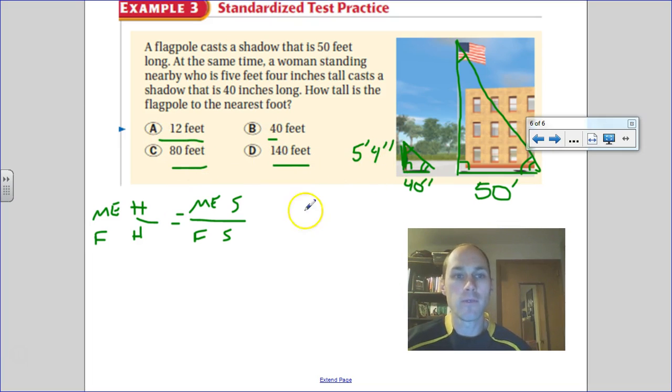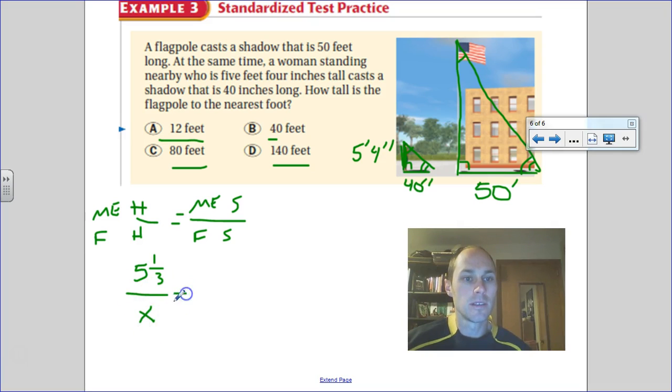So 5 feet 4 inches is 5 1/3. And the height of the flagpole is, we don't know. The shadow for me is 40 inches, which 36 inches is 3 feet.